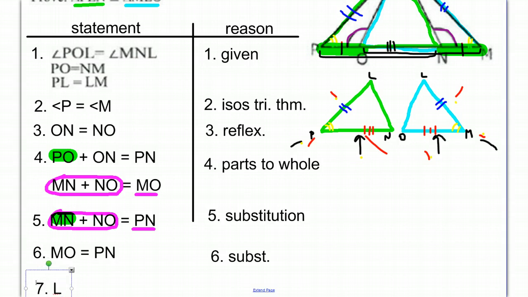I have triangle LPN, start at the top, go to the outside, is congruent to triangle LMO. And let's mark this properly here. Triangle congruent to triangle. And then step 7 down here at the bottom was by side, angle, side, SAS. And we are done.